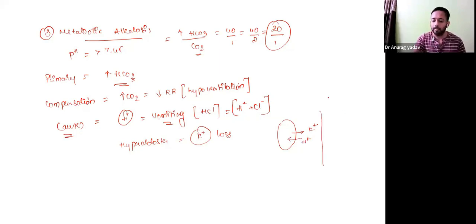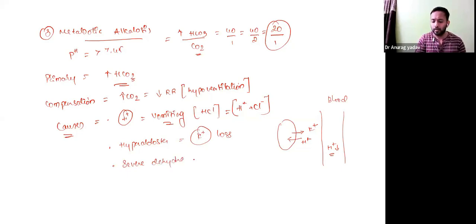So acid which was present in the blood is moving into the cells. The H plus concentration in the blood decreases, meaning it becomes more alkaline. When acid is less, it is relatively more basic in nature. So in hyperaldosteronism, you can see metabolic alkalosis.